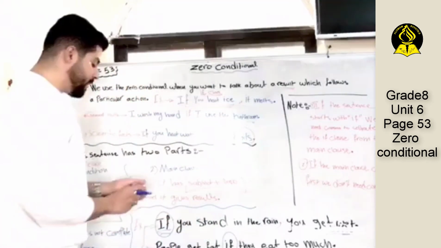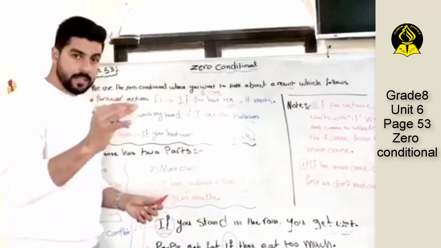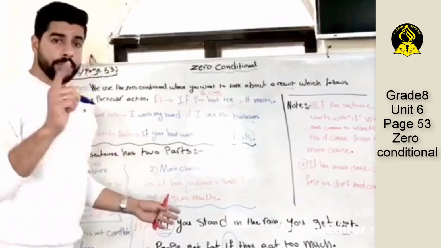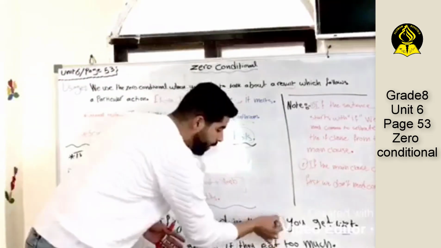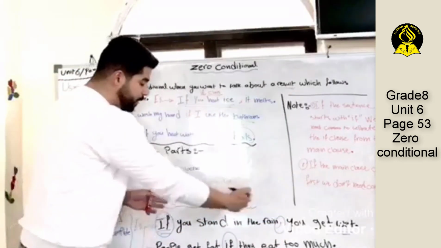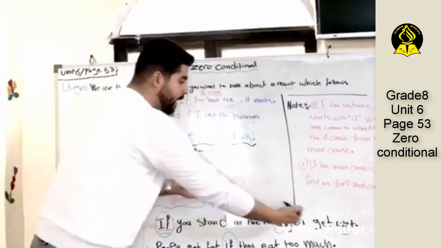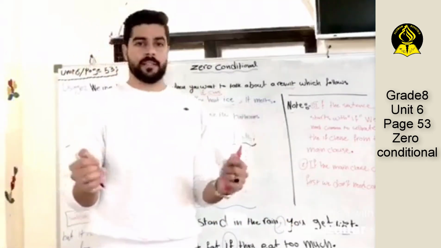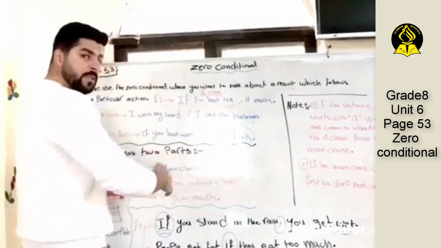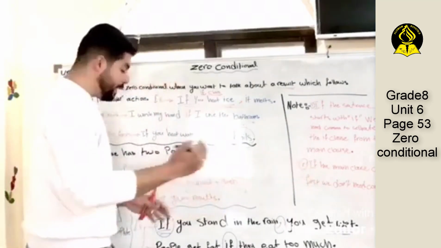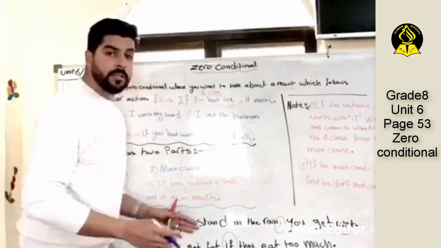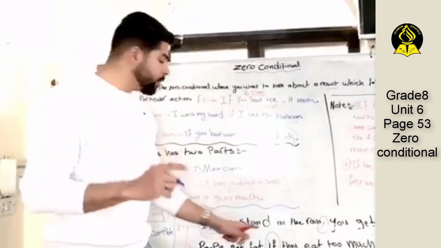So, if the sentence starts with if, you have to use a comma after the if clause and before the main clause. Why? To separate the if clause from the main clause. And if the sentence starts with the main clause, we don't use a comma.